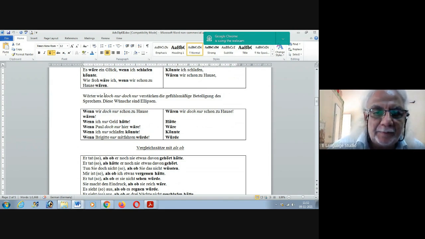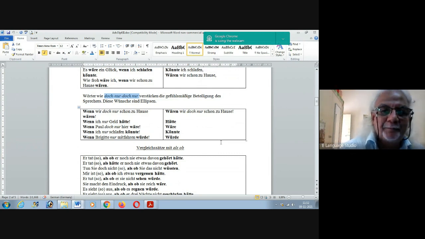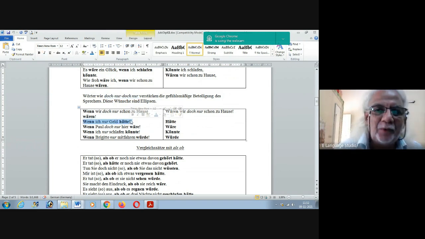These Wünsche, these are Wunschsätze, can be emphasized using these words doch, nur oder doch nur. For example, take the second one, it's easier to understand here. Wenn ich nur Geld hätte, if I only had money, or if only I had money. If I had money is already irreal.